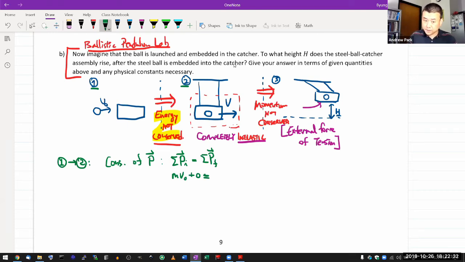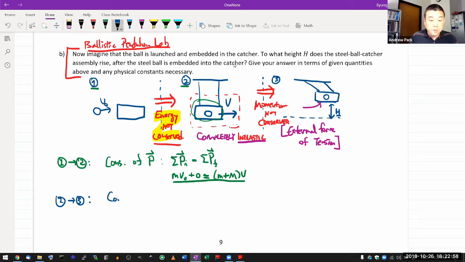And for the final momentum, you can treat this as one object. So say that the ball plus the catcher has some speed v, and this is the expression that says the total momentum is conserved.